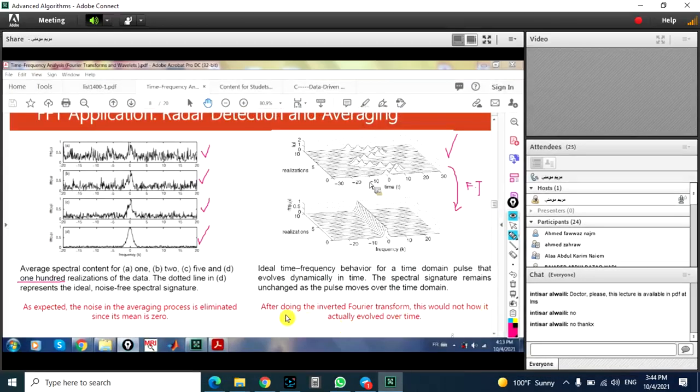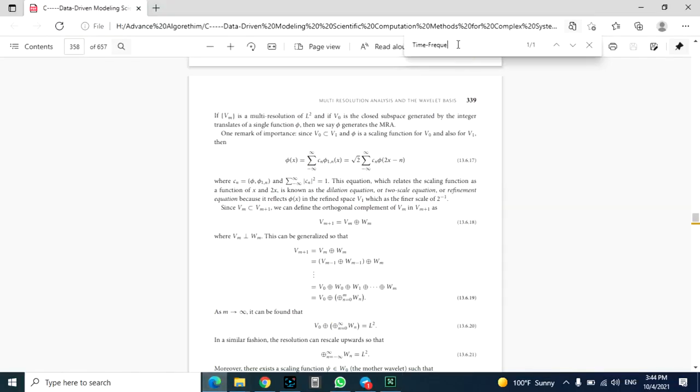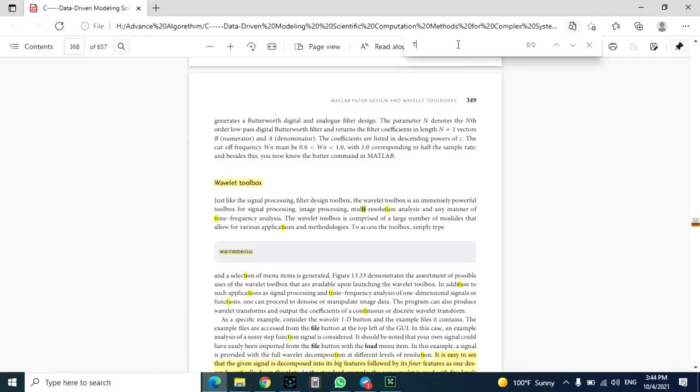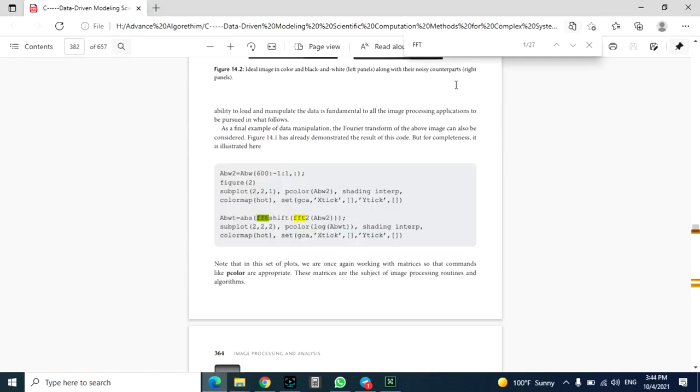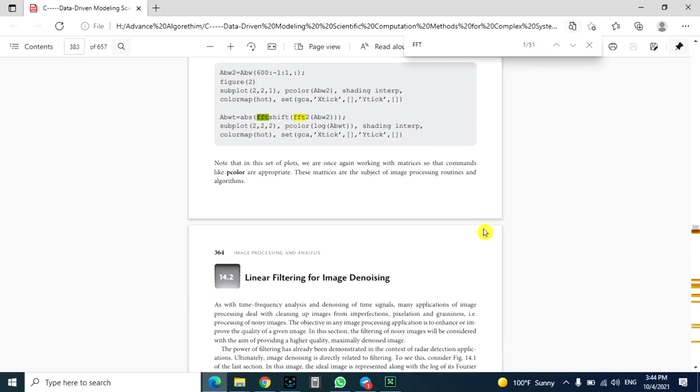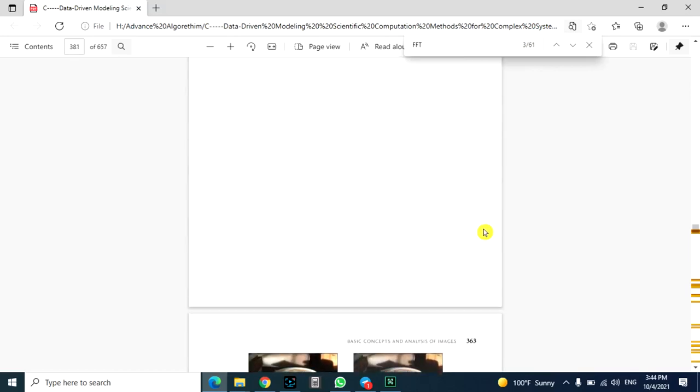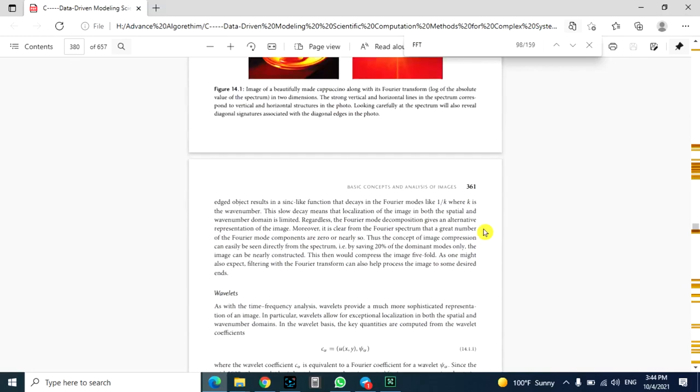The Fourier transforms of all these signals above are the same, you see, the noise in Fourier. And we cannot distinguish between, for example, 1 and 2.